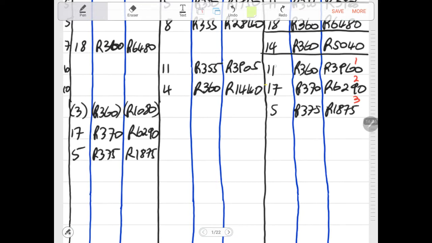Of the inventory available, the first one that we must issue, we only have 11 units. So now we take all the 11 units. We take the full 11 at a price of 360, and the total cost will be 3,960.